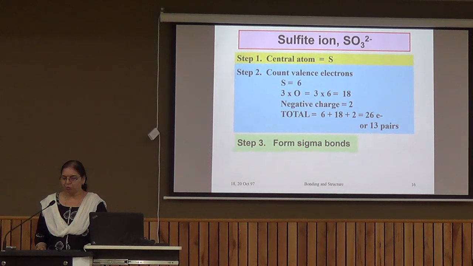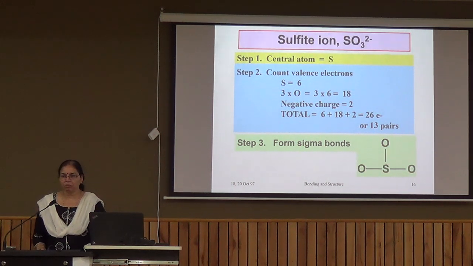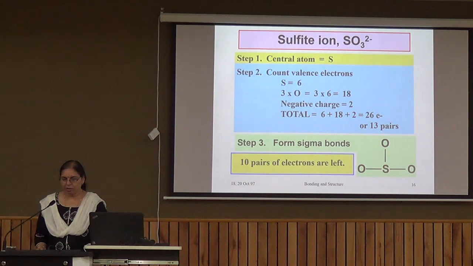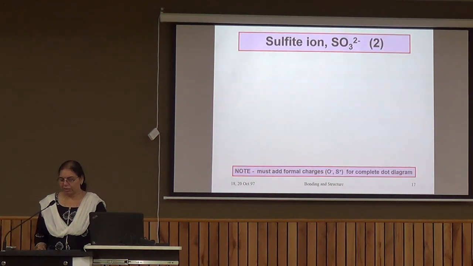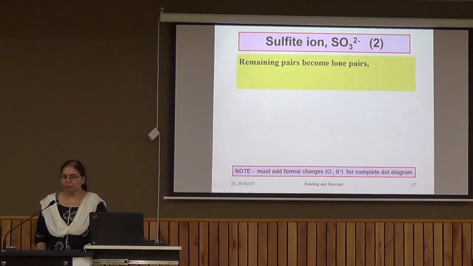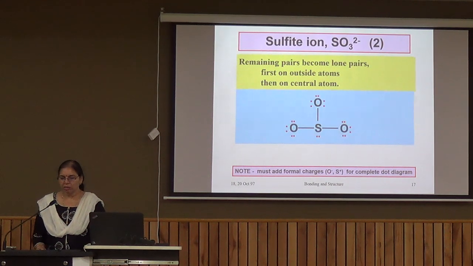Now step 3 forms sigma bonds. Now see, 3 sigma bonds are present between 3 oxygen and 1 sulfur. 10 pairs of electrons are left because total number of electrons are 26. Now remaining pairs become lone pairs, first on the outside atoms and then on the central atom.